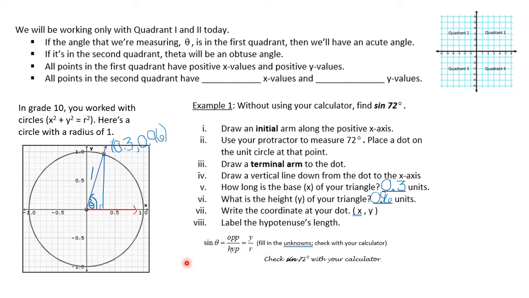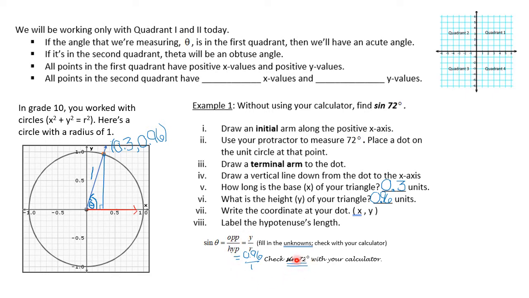So we're going to fill in the unknowns, and we're going to check with our calculator. So let me go back to my pen here. My y value, I'm just going to write it below here. My y value was 0.96 over my radius, which was 1. So with your calculator, I want you to find sine of 72 and see what you get.